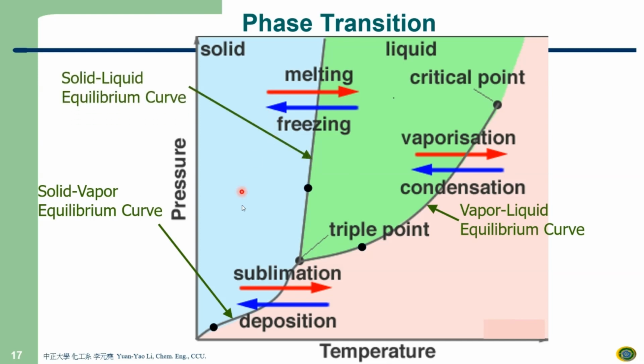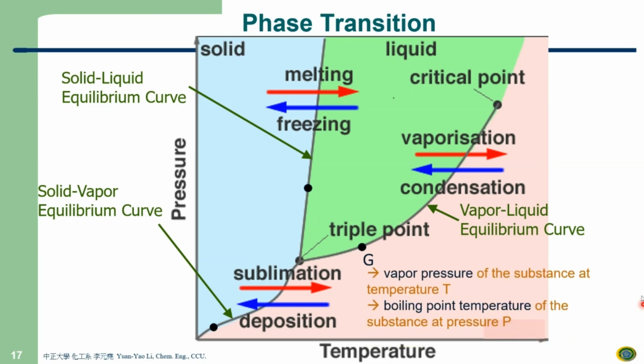So once we understand the regions and the lines, the point here is, for example, this G point. There are two ways to describe the G point.